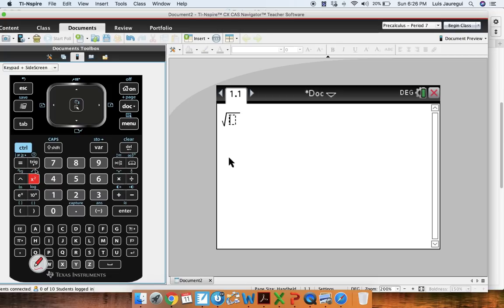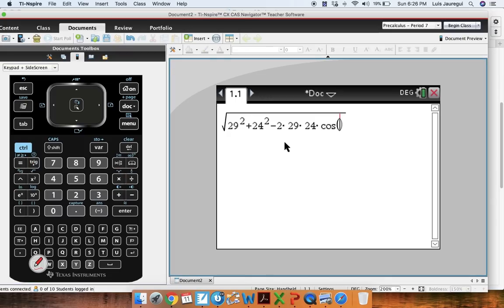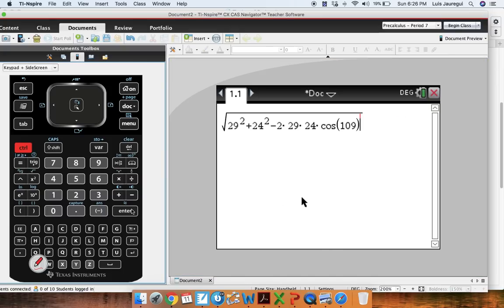Then I write 29 squared plus 24 squared minus 2 times 29 times 24 times the cosine of 109 degrees, from the trigonometry menu. Before I hit enter, I need to make sure that I am in degree mode. Notice I already selected degree mode before, so I'm just going to hit Control Enter.